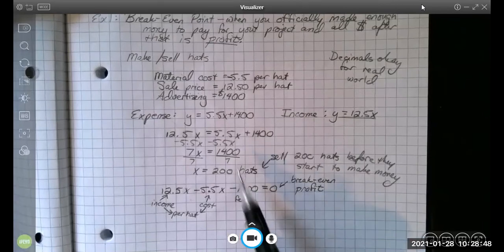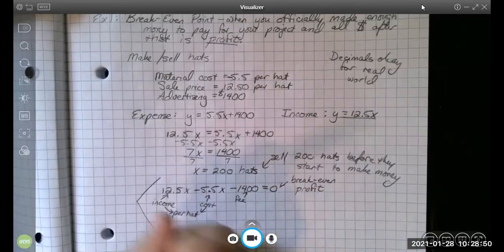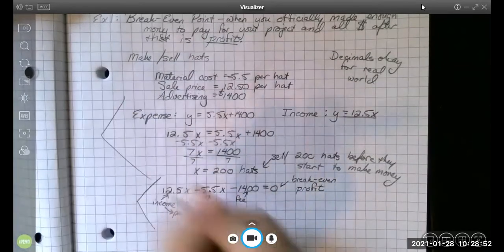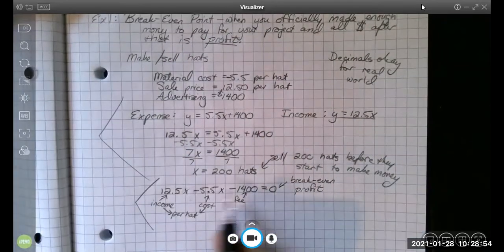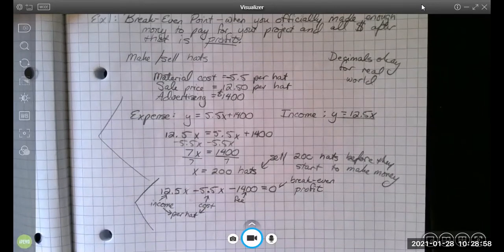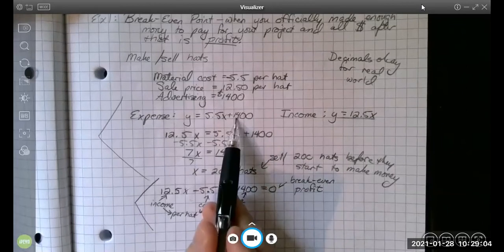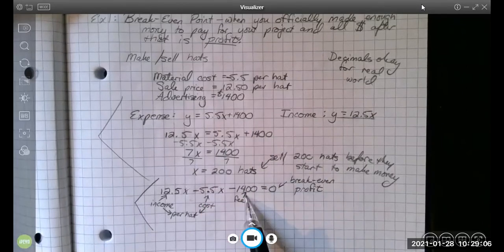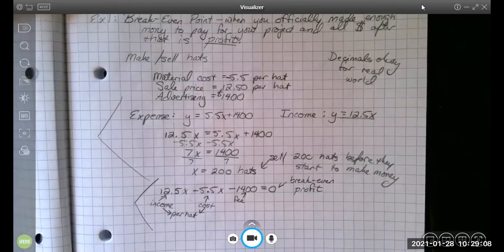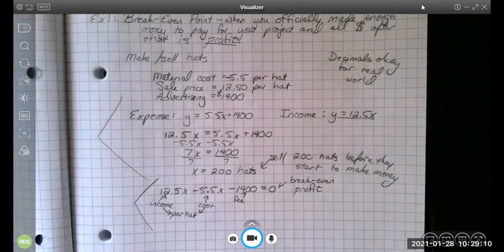So with these word problems, this is one solution. This is another solution. And it's up to you to figure out which way you want to use to solve it. Sometimes you have to use 2 equations. Sometimes you don't. So it's about going slow and being methodical.